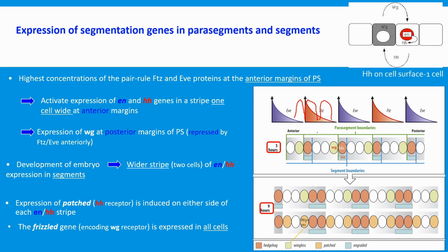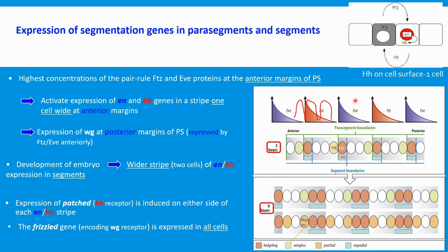And this combination will lead to expression of engrailed here in this cell. The pair rule genes will also induce hedgehog expression. Right? This is written here. And it will be at this stage, 5 hours of embryonic development, it will be such a narrow amount of cells that can interpret this fine signal that it's one cell wide expressing engrailed and hedgehog.